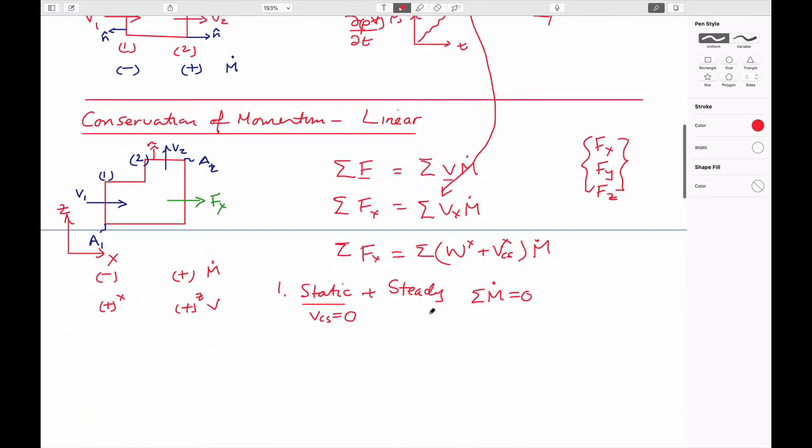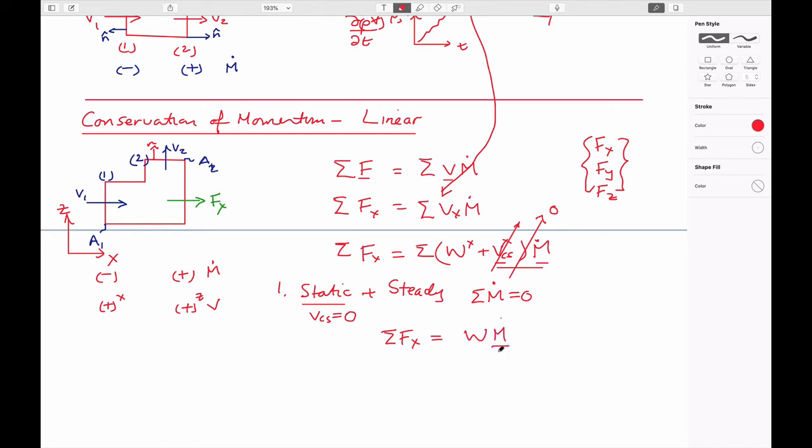If you multiply this, which has to sum to 0, by a constant, then this term drops out. If the sum of these two terms drops out to 0, then you're left with the sum of forces in the x direction equal to W times mass flow rate.